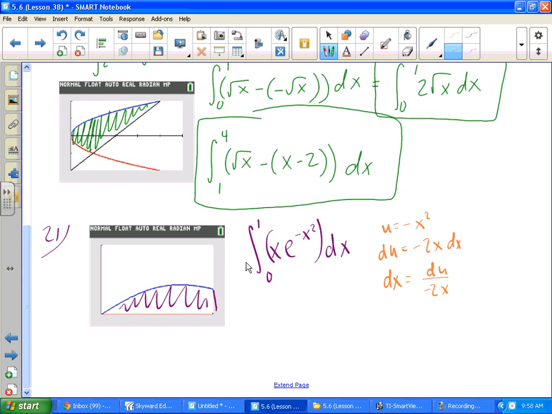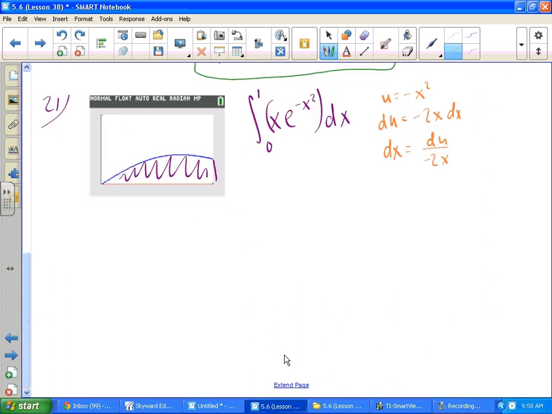And if you're switching to u's, don't put the 0 to 1 on there because you need to plug the x's back in before you do the 0 to 1. So my integral, instead of x e to that power, it's going to be x e to the u. And instead of dx, I put du over negative 2x. So do you see how the x's cancel each other? What constant can I pull out front? Negative a half.